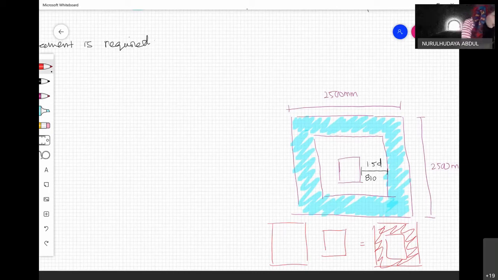Okay, so kita nak dapatkan berapa panjang ini. Okay, and to get that, we know that this is 1.5D. So obviously kalau sini 1.5D, sini pun 1.5D. So it should be 810. And this one also 400. Kita punya column width. Okay, so 810 times 2.